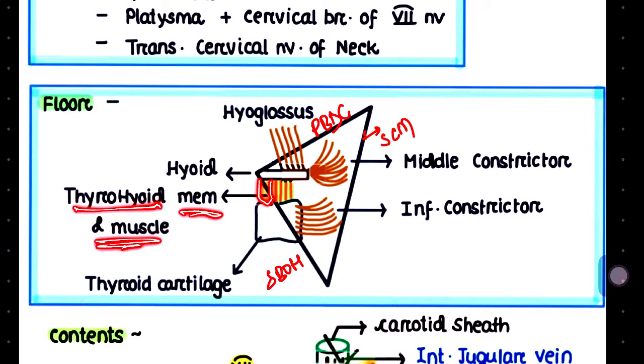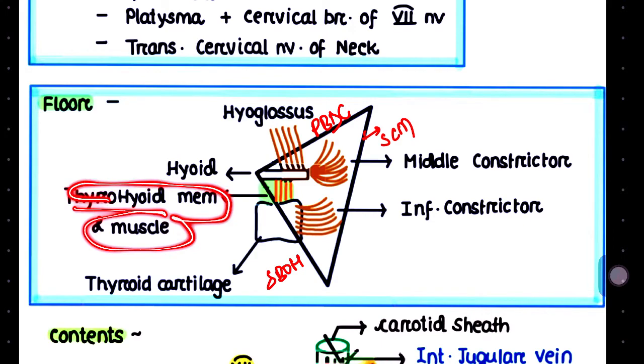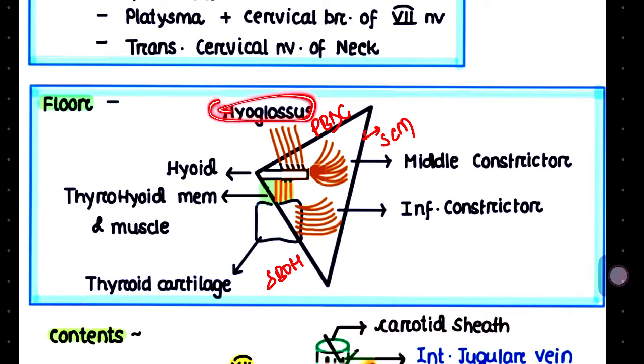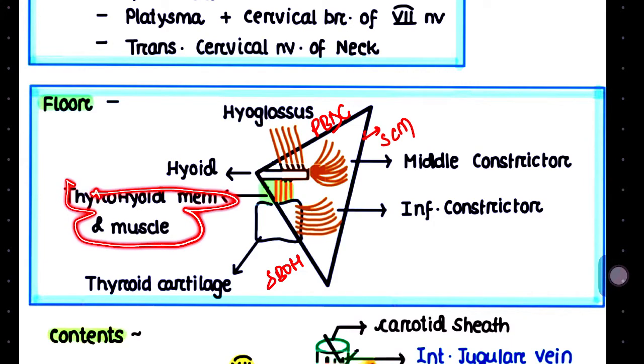You can see the membrane present right here, denoted in light green color, and we have the muscle. These are also important constituents of the floor of carotid triangle. So what are the constituents of the floor? Hypoglossus, the muscle that comes from the hyoid bone and goes all the way to attach to the tongue. And another is thyrohyoid membrane and muscle, attached between hyoid bone and thyroid cartilage.